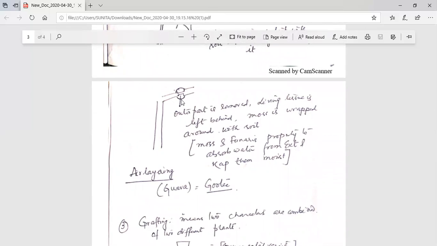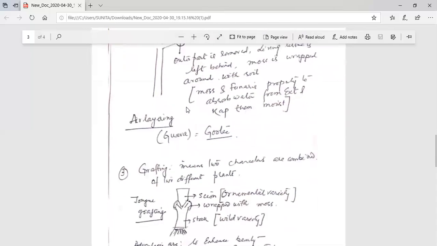That means the dead tissue has to be removed and the living tissue is left behind, and that is to be covered with water, proper nutrients, as well as moss wrapped around it. Why is moss used? Because it is a plant which absorbs moisture, so that the stem is always in a moist condition, which helps in the growth of adventitious roots. And as the stem of the plant is above the ground, that is why we call it air layering.